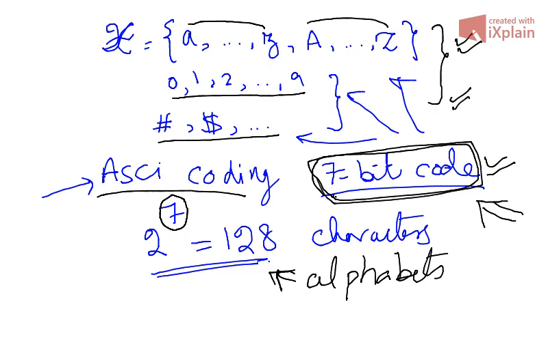But later on, if you observe the evolution, when different languages were computerized, or the computer interface was given for Urdu, Arabic, Spanish, French and other languages, this ASCII code was not enough to represent all those characters.